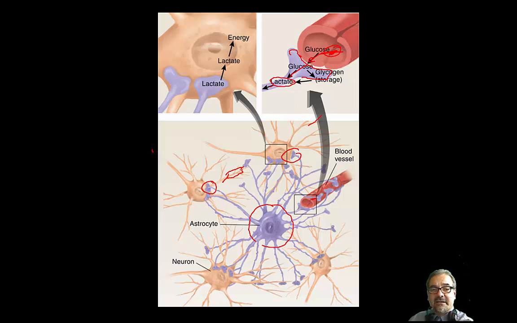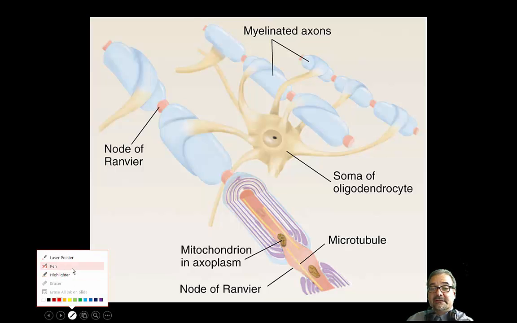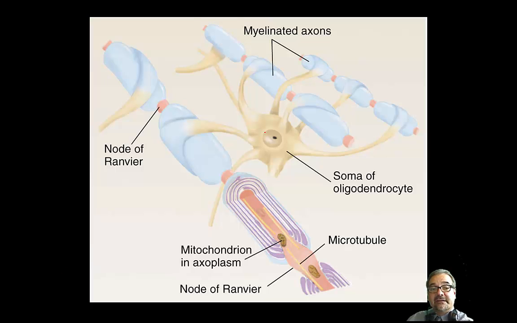Another very important and also extremely famous glial cell is the oligodendrocyte. The oligodendrocyte is a glial cell that, inside the brain and the central nervous system, acts as the source of the myelin that we talked about in the previous video.